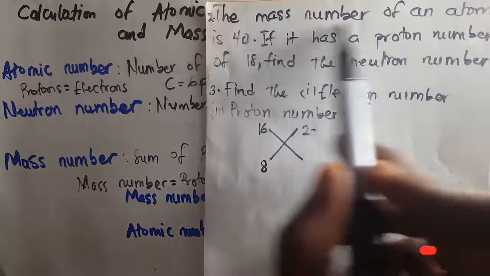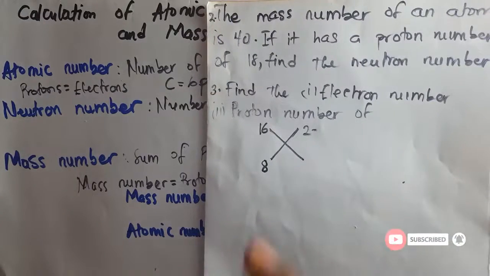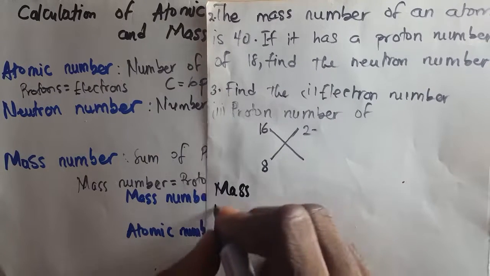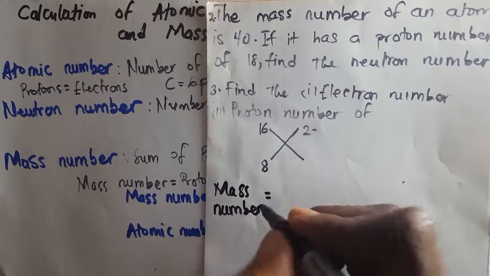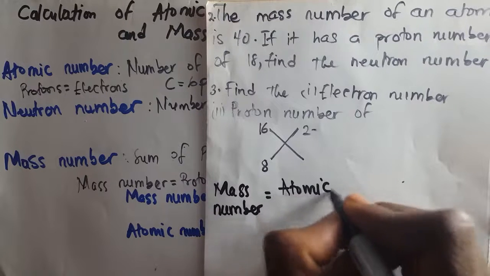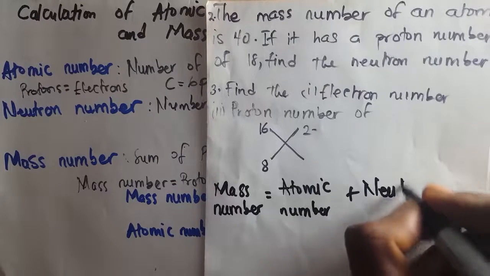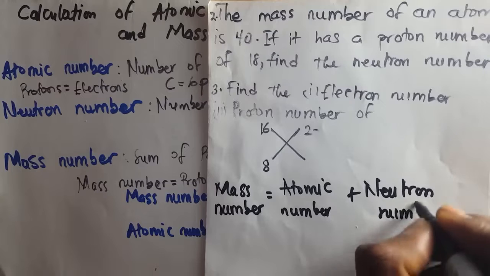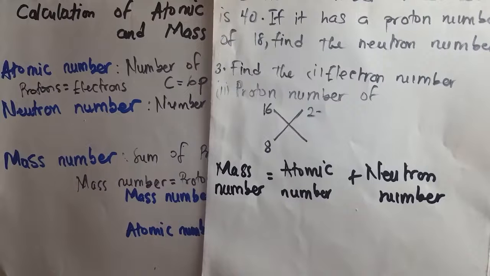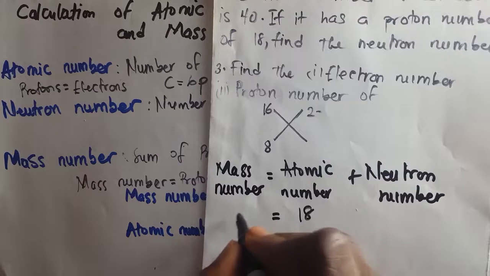Let's look at another question here. The mass number of an atom is 40. If it has a proton number of 18, find the neutron number. So we simply have to write the formula. Mass number equals atomic number, which is also known as proton number, plus neutron number. So we have the atomic number to be 18, and our mass number is 40.